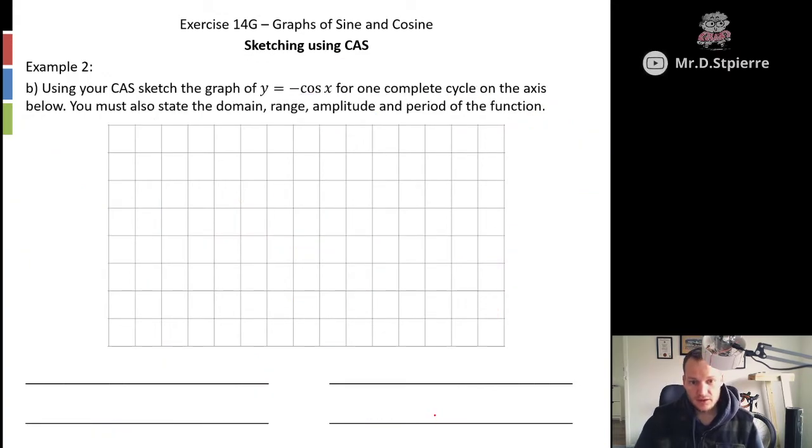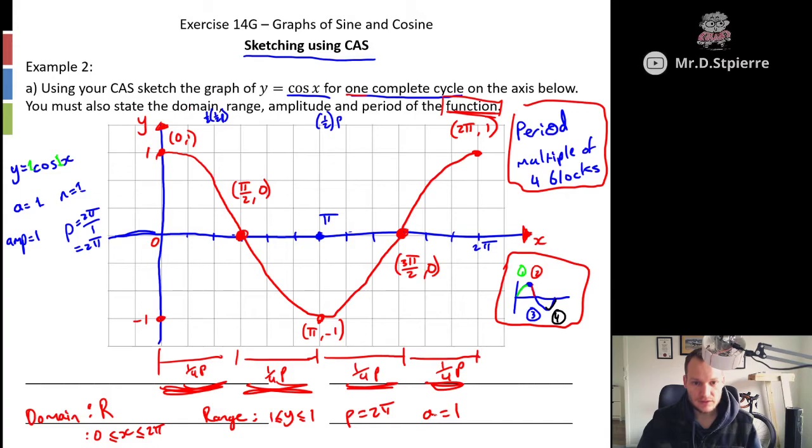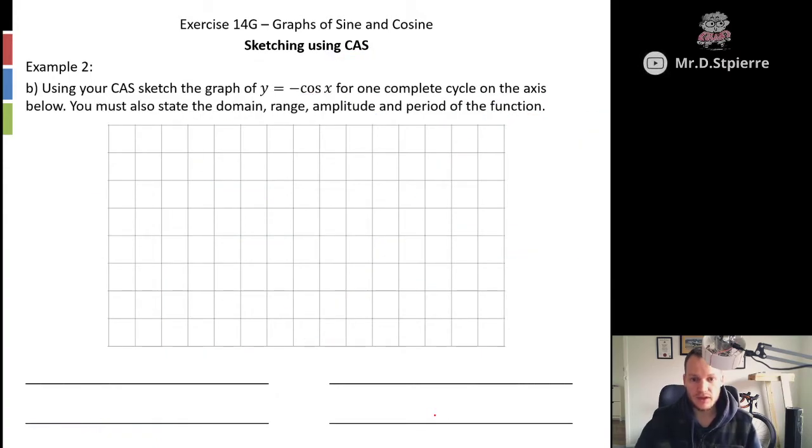Using your CAS, sketch the graph of y equals -cos x for one complete cycle over the axis below. You must also state the domain, range, amplitude, period, and function. I'm going to go through this one a lot quicker, only because we just did y equals cos x. This is y equals -cos x, so all the values have just been reflected.